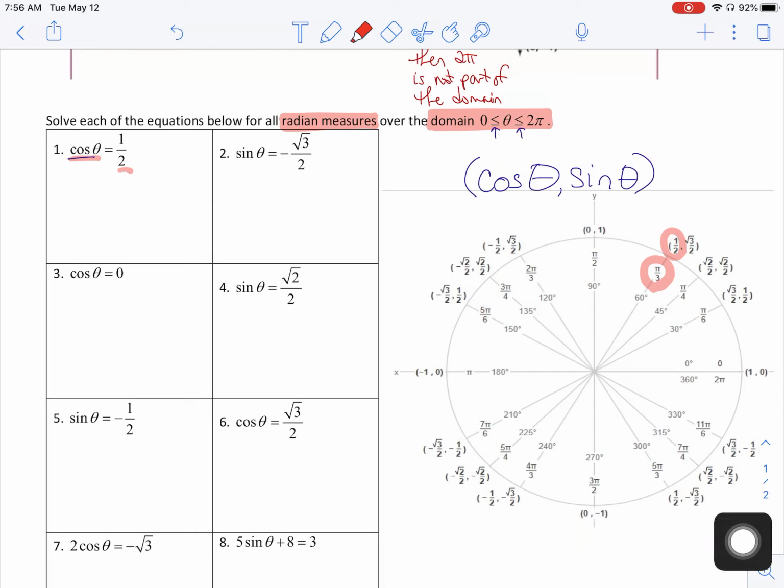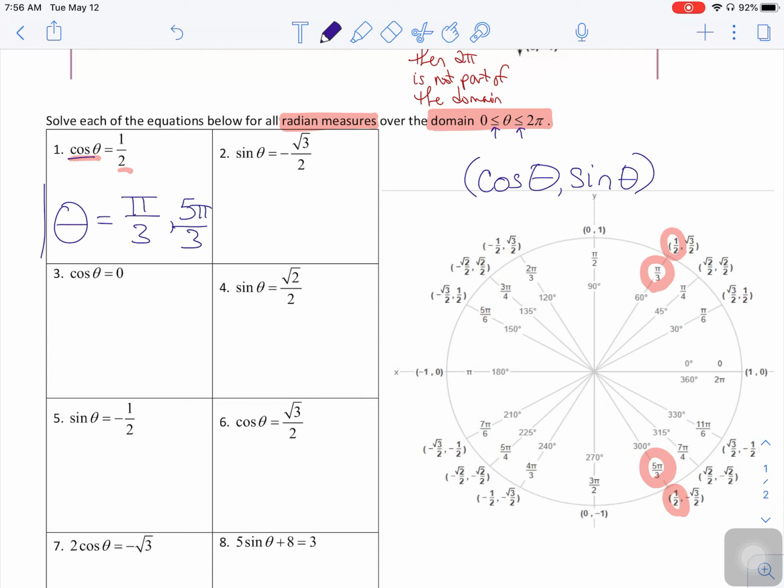I've got an x value that's 1/2 with a radian measure of 5 pi over 3. So here's what this tells me. For problem number one, theta is equal to pi over 3 or 5 pi over 3. I write way too big for this. Sorry about that. So both of those are the answers for problem number one.